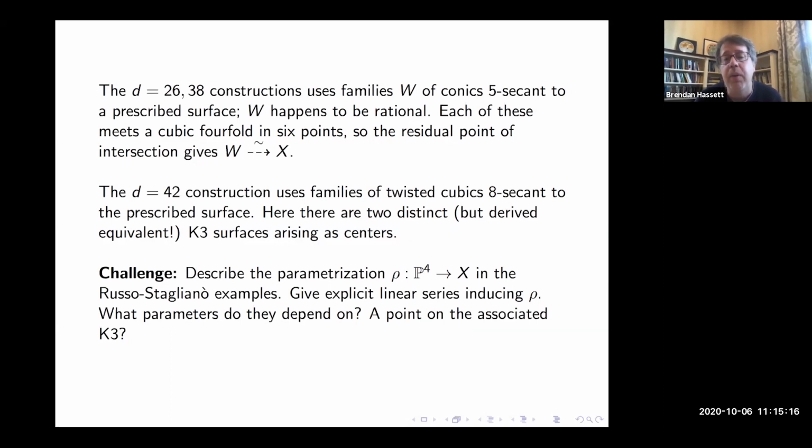I think that this is something that we would really like to have, to be able to give explicit linear series inducing these parameterizations, like the explicit linear series that are valid for the discriminant 14 case that I described at the beginning. I think that this would really help to shed light on what's going on and how many parameters the construction depends on.